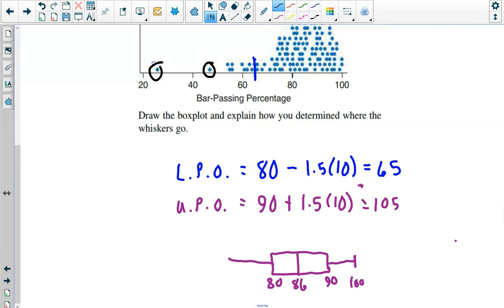Even though this right here represents the lowest limit, I don't consider these outliers because it's a part of our data. There's no gaps there. The gap really starts after this. Okay, so I would have maybe my lower whisker go all the way over to 60. And then after that, I put in my dots.